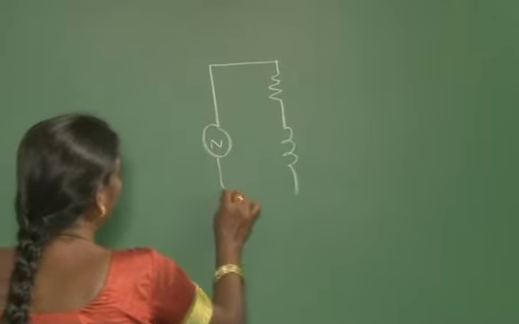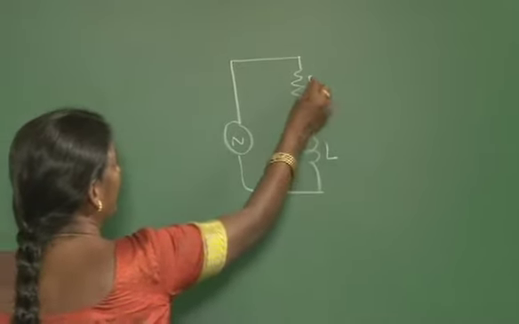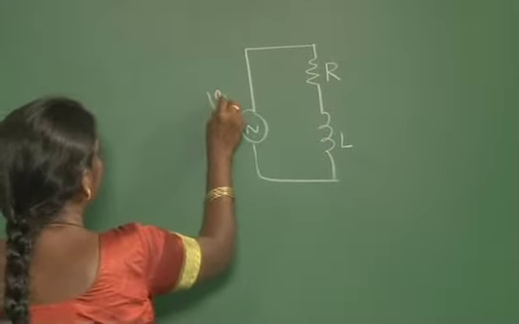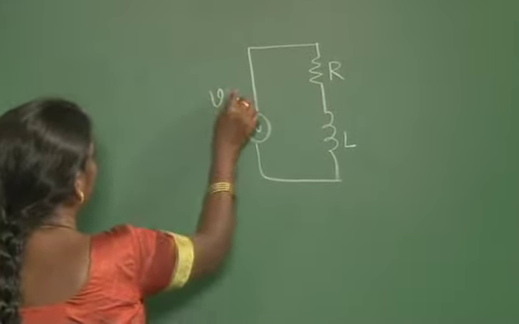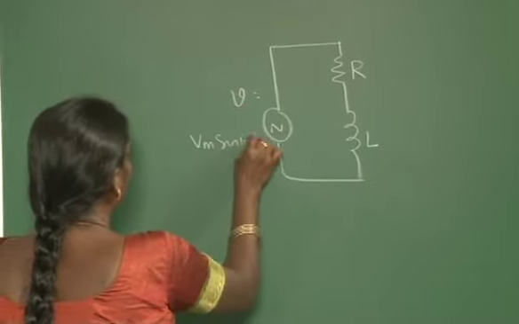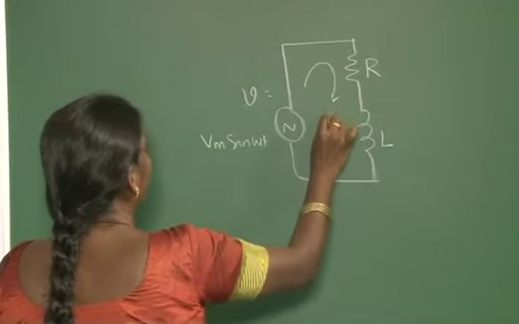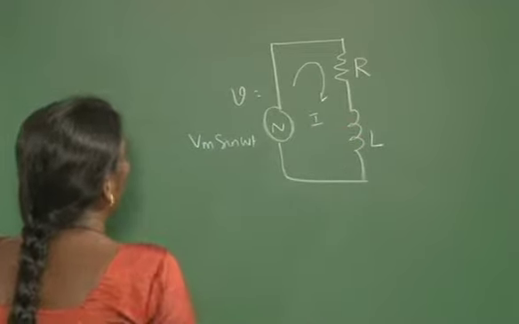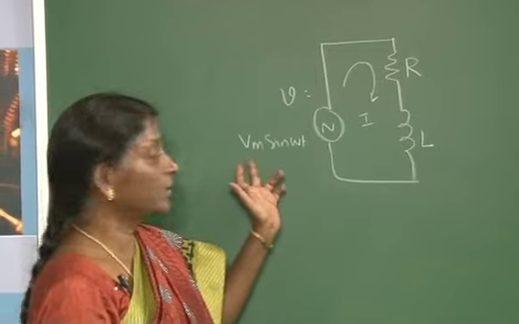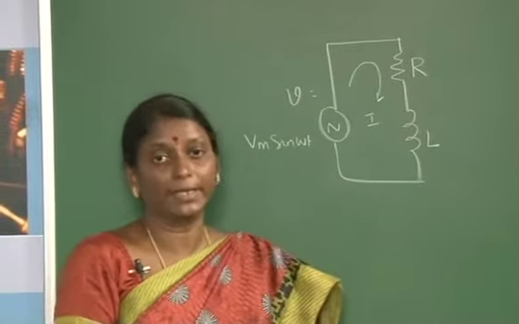It will have only inductance, and part of the resistance of the inductance is the R we are representing, and it is driven by the instantaneous signal which can be represented as Vm sin omega t. Because it is a single circuit, the same current flows through the circuit. When you consider the peak voltage, by considering the peak current, we can derive the expression for the quality factor of an inductive circuit.